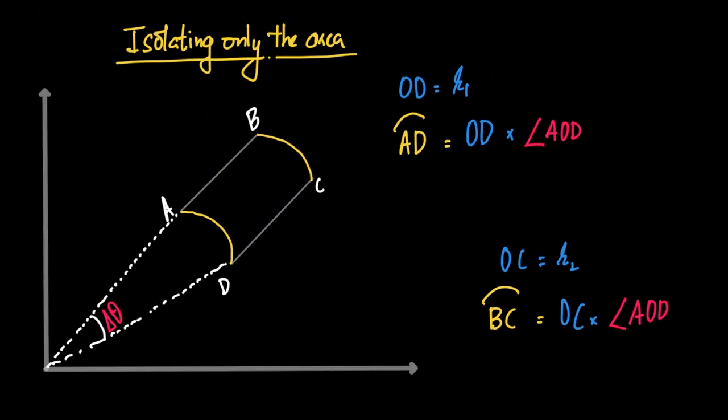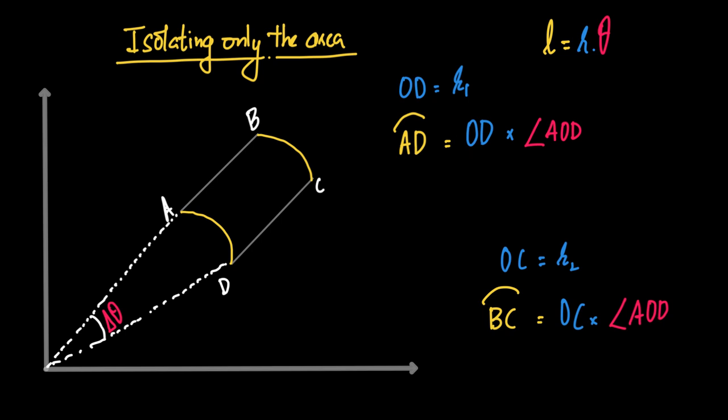Now, if we consider the curved sides alone, we have AD and BC. The curve length AD will be equal to OD into angle AOD, which we assume to be delta theta. Why? Because length of the arc is equal to radius into the angle subtended, L is equal to r theta. So arc AD is equal to OD into angle AOD, and arc BC is equal to OC into angle AOD.